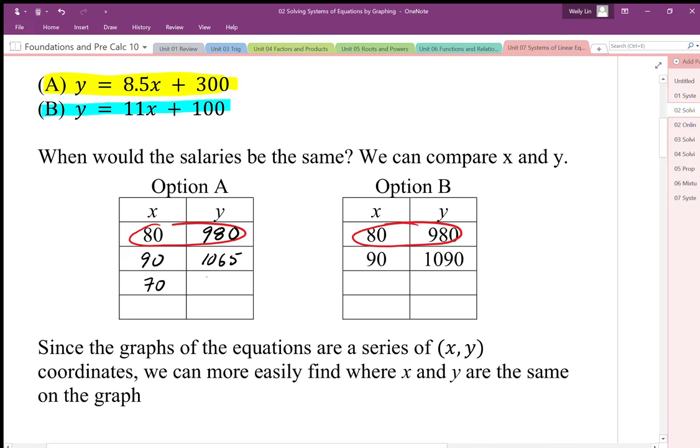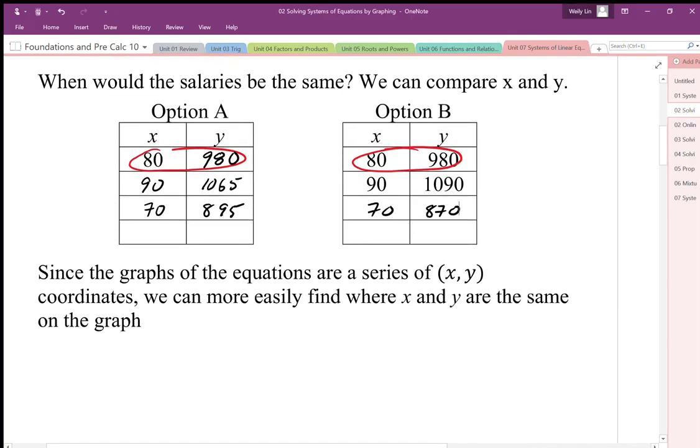That's going to be $895 for option A, and for 70 hours in option B, it's going to be $870. So option B is better for hours greater than 80. Option A would be better for fewer than 80 hours in that month.